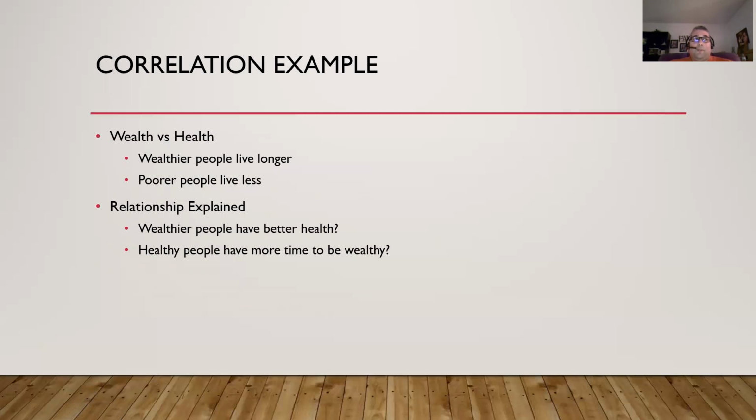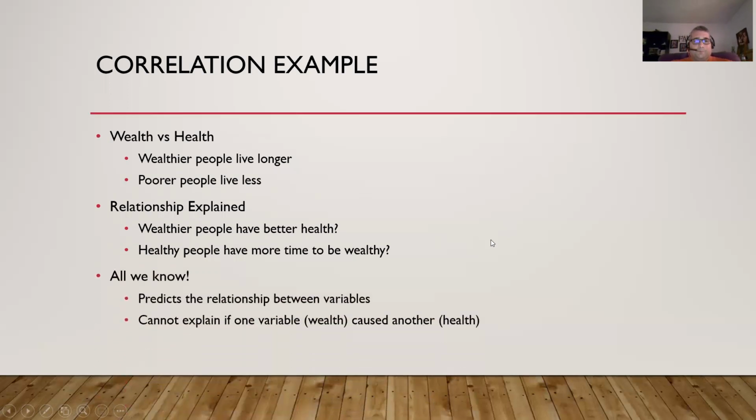If they're healthy, they're motivated and doing well physiologically, so maybe they're more successful. There's no way to really know why. All we know is that there's a correlation between wealth and health: wealthier people live longer, poor people live less. That's one example of a correlation study. Like I said, all we know is that it predicts a relationship. It cannot explain how.